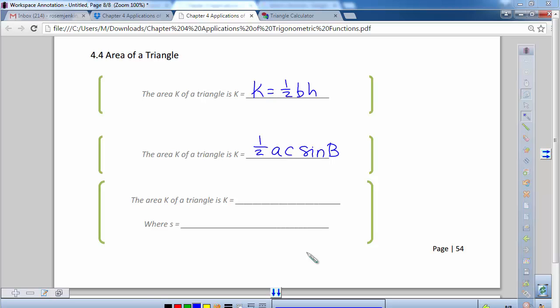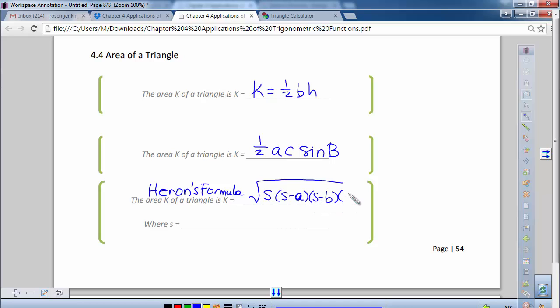The final formula for the area of the triangle that we will consider is called Heron's formula. It says that the area is equal to the square root of S times S minus A times S minus B times S minus C, where S is what's called the semi-perimeter.